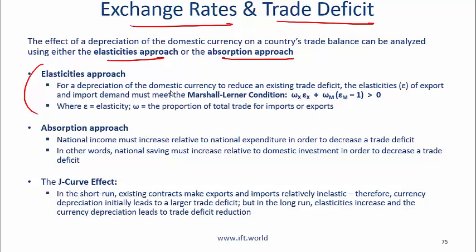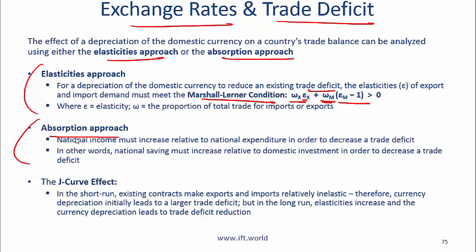For a depreciation of the domestic currency to reduce an existing trade deficit, the elasticities of export and import demand must meet the Marshall-Lerner condition, which says the following: the weight of exports relative to overall trade times the elasticity of exports plus the weight of imports relative to overall trade times elasticity of import minus 1 must be greater than 0. If this is the case, then a devaluation of the currency will reduce the trade deficit.